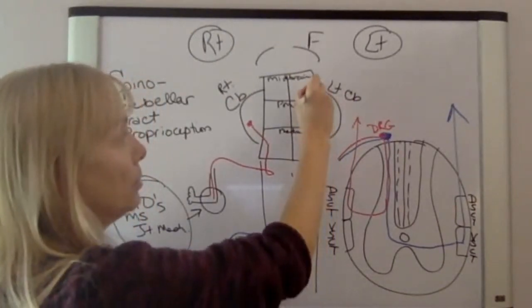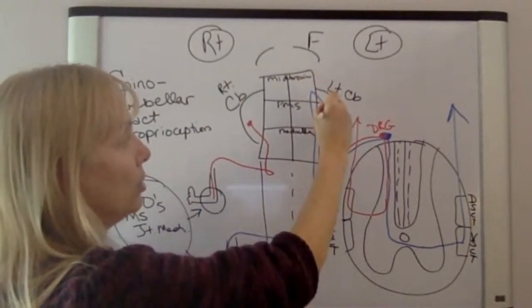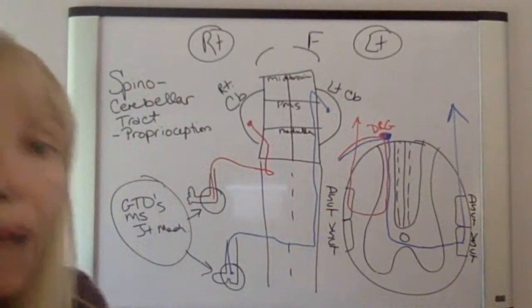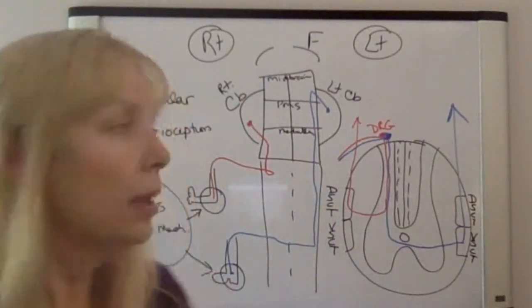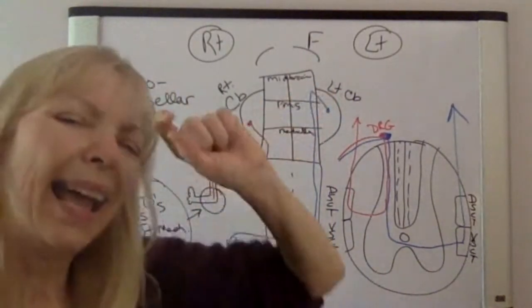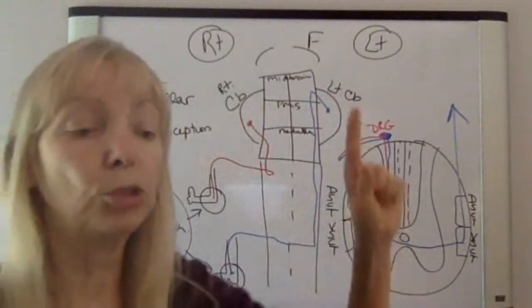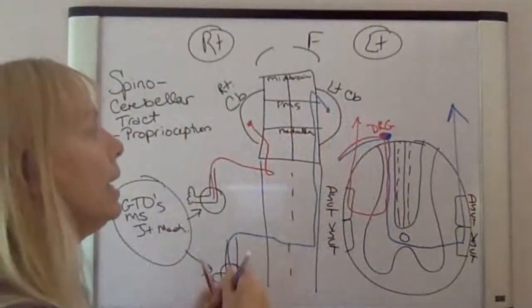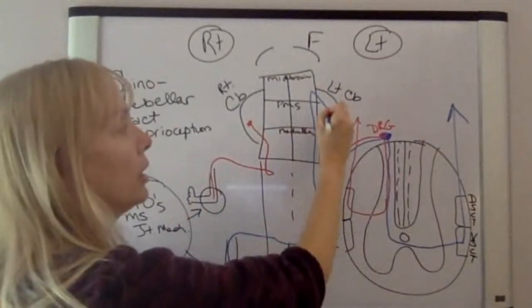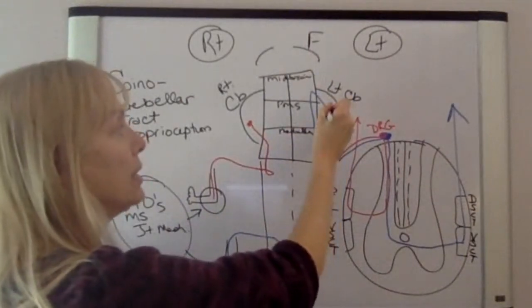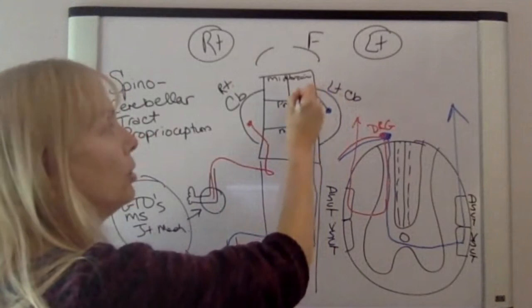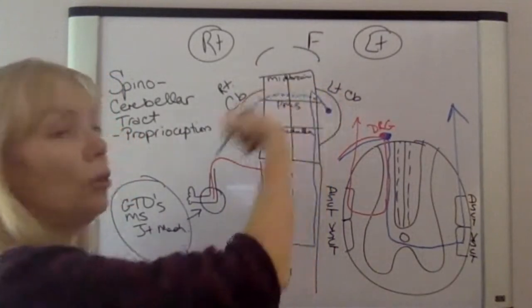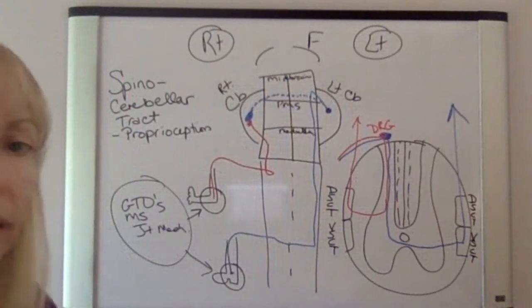Now this one goes up to the midbrain and goes into the opposite cerebellum. But wait, there's more. That's actually the end of the spinocerebellar tract. But what happens from the cerebellum is this stimulation actually is sent, I'm going to show a dotted line, to the other side of the cerebellum.